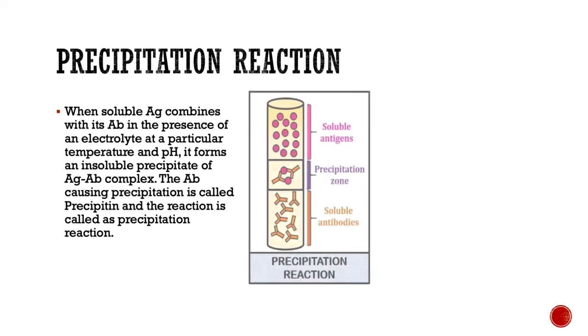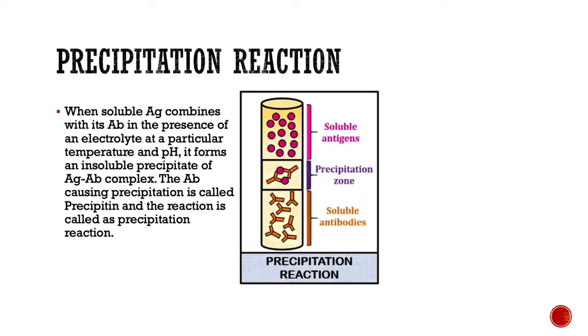Now let us see it here. In the first part you can see the pink color, which denotes the soluble antigens, and at the third part you can see the soluble antibodies, and the middle part is the precipitation zone.